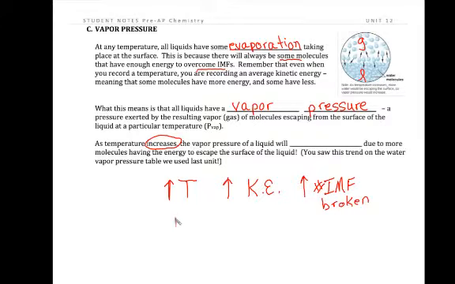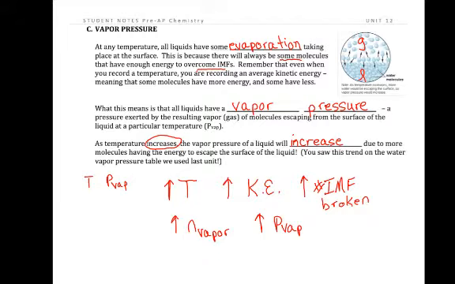So you'll increase the moles of the vapor or the gas, and that in turn is going to increase the vapor pressure. And that's why we saw those temperature versus vapor pressure tables for water last time, because vapor pressure is temperature dependent. So as you increase temperature, the vapor pressure of a liquid will also increase.